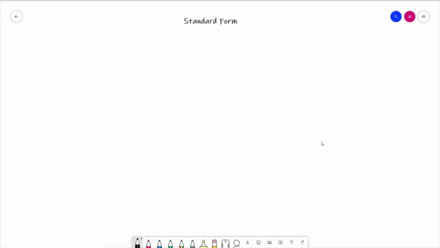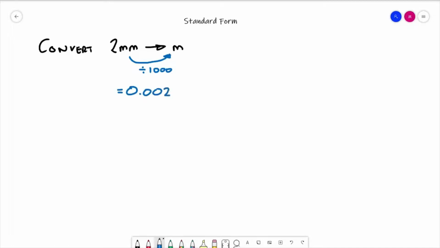Now, of course, the same is going to work when we have small numbers. So if I give you, again, a quick example, we're going to convert 2 millimetres into metres. Now, of course, to convert millimetres into metres, we're going to divide by 1,000. When we do that on our calculator, depending on how good your calculator is, some of them may automatically give it in standard form, but some might tell you that it's 0.002 metres.